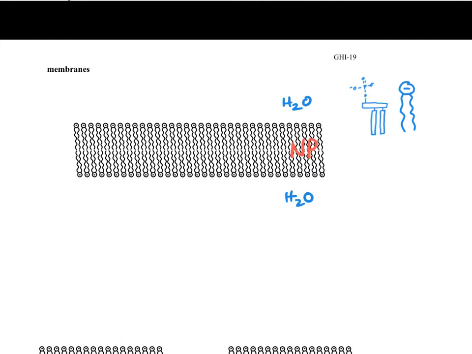But in this case, we end up having what's called a membrane bilayer. And that's because with two nonpolar tails instead of one, these things tend to spread out and form essentially sheets rather than spheres like we would see with a micelle. And that's what a membrane bilayer is.